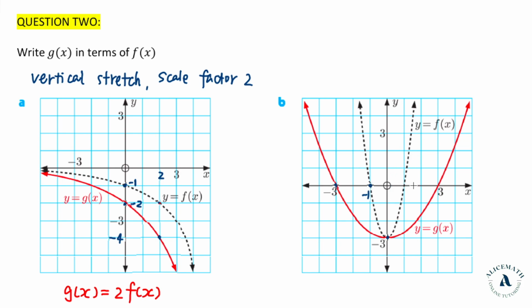And symmetrically, on the right side of the y-axis, the previous one with x-coordinate 1 is 1 unit from the y-axis. Now we find another point on the red graph with x-coordinate 3, which means 3 units from the y-axis. It's still 3 times the previous distance. So compared with the black one, the red one has a horizontal stretch.